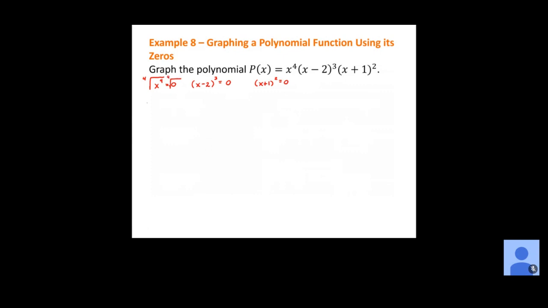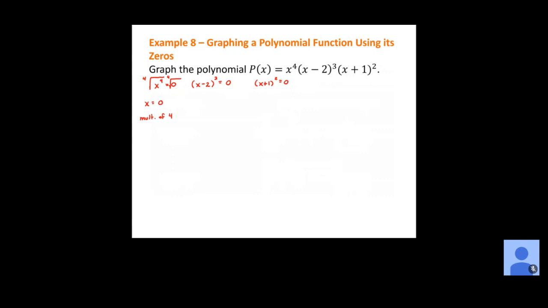The 4th root of 0 is just 0. However, just like the other one that we did where we had x squared equals 0, we have to say that this has a multiplicity of 4. Because we started with x to the 4th power, that 0 has a multiplicity of 4.